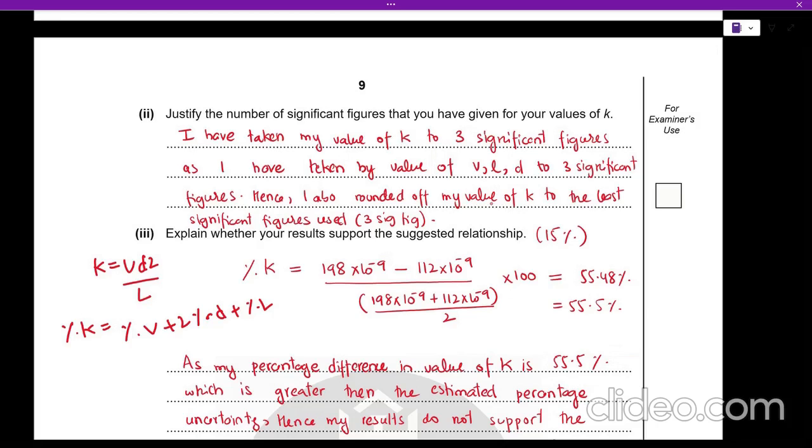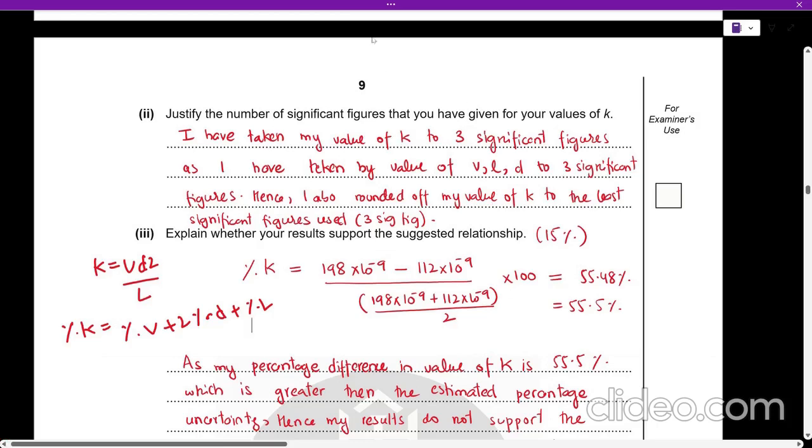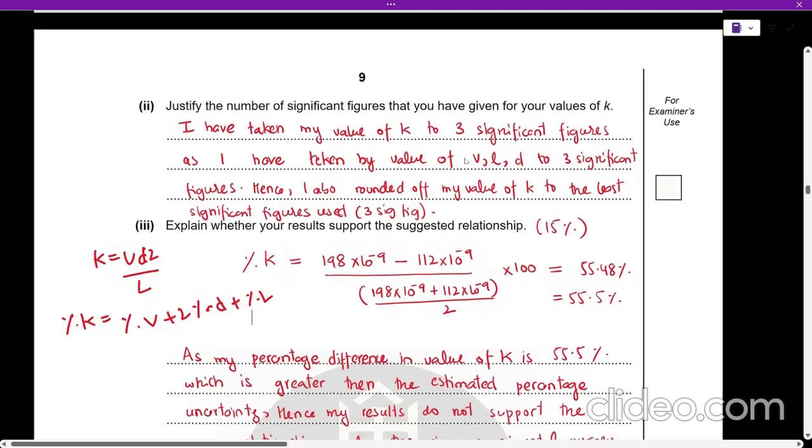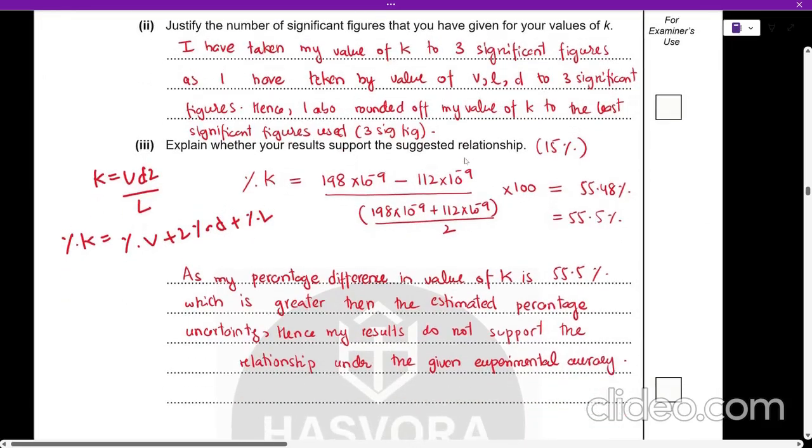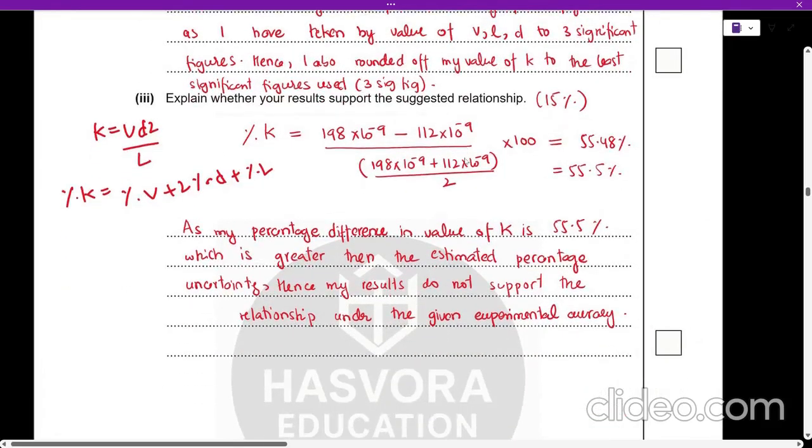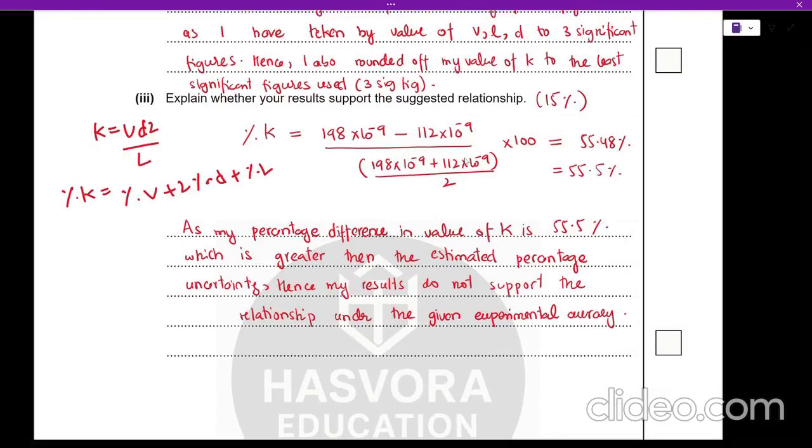But now they provide us with the estimated percentage uncertainty. So I had just assumed that the percentage uncertainty in this question was 15%. Then I calculated the percentage difference in the value of K, 198 times 10 power minus 9 minus 112 times 10 power minus 9, divided by the average of the two values, and then times 100.